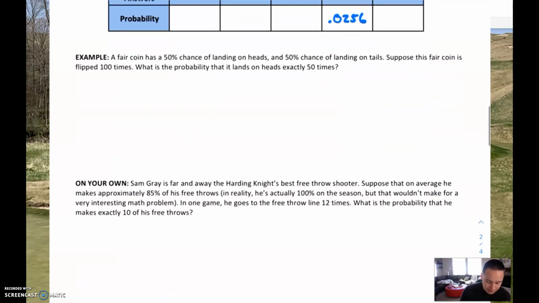All right, last example. A fair coin has a 50% chance of landing on heads and 50% chance landing on tails. Suppose this fair coin is flipped 100 times. What's the probability that it will be on heads exactly 50 times? So it's a binomial probability because it's either going to be on heads or it's not. And we're doing 100 trials.